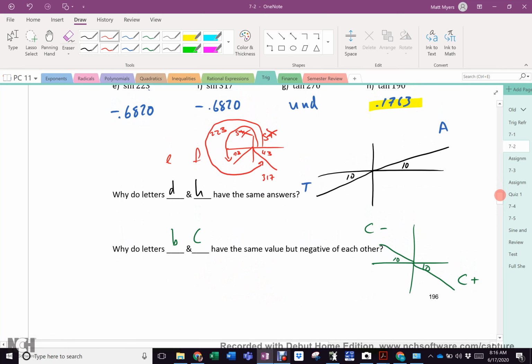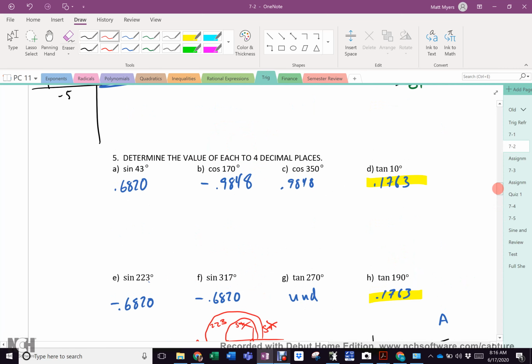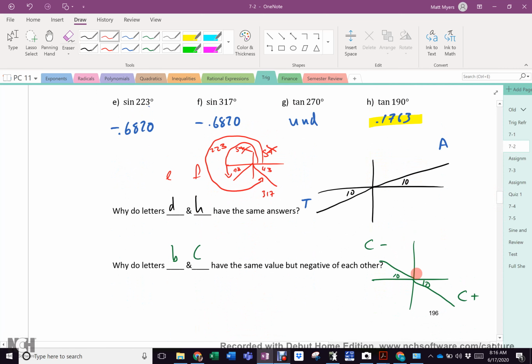Because they're the same. Now, when they're opposites, like B and C, B is 170, so 10 back from 180. Cosines are negative in that quadrant. 350, 10 away from 360, but cosines are positive in that quadrant. See?